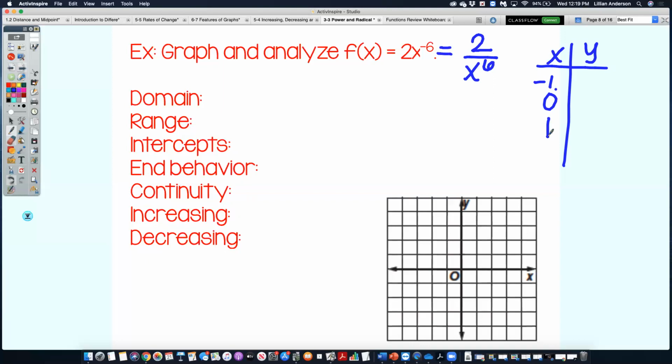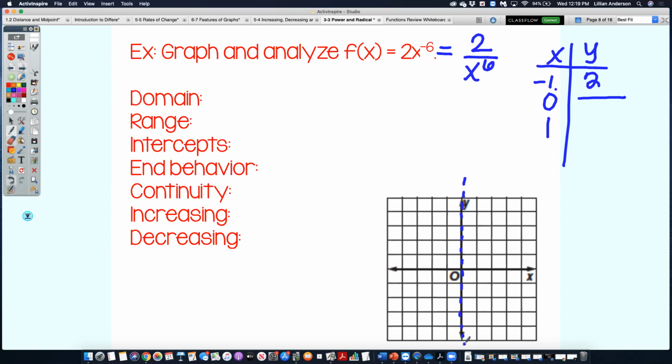If I plug in -1 for my x value, -1 to an even power is going to be what? +1. So at -1, I'm at +2. If I plug in 0, though, what happens? It's undefined. There is a vertical asymptote at 0. So I'm going to go ahead and put that in there. Remember, asymptotes are represented by dotted vertical lines.